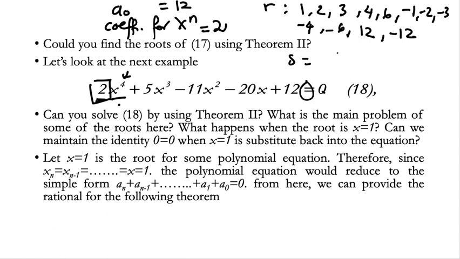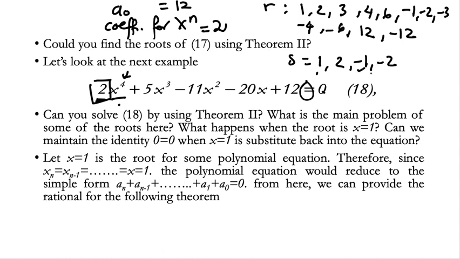The possible value for s is actually 1 or 2, minus 1, minus 2, isn't it? Because 2 divided by 1 is 2. 2 divided by 2 is 1. 2 divided by minus 1 is minus 2. 2 divided by minus 2 is minus 1, isn't it?